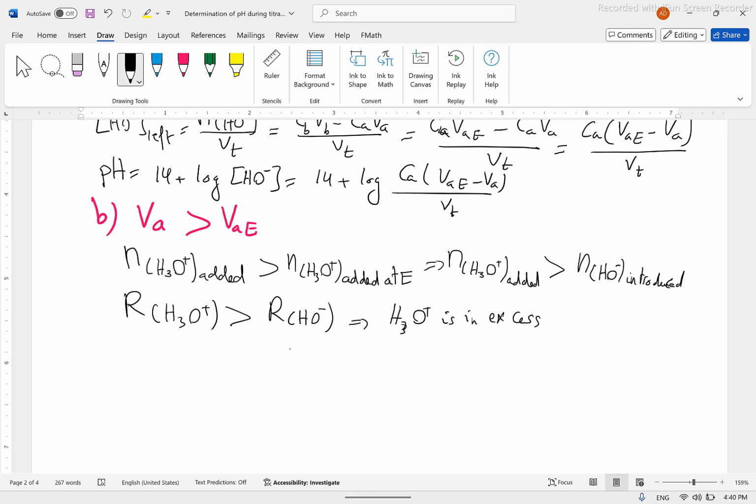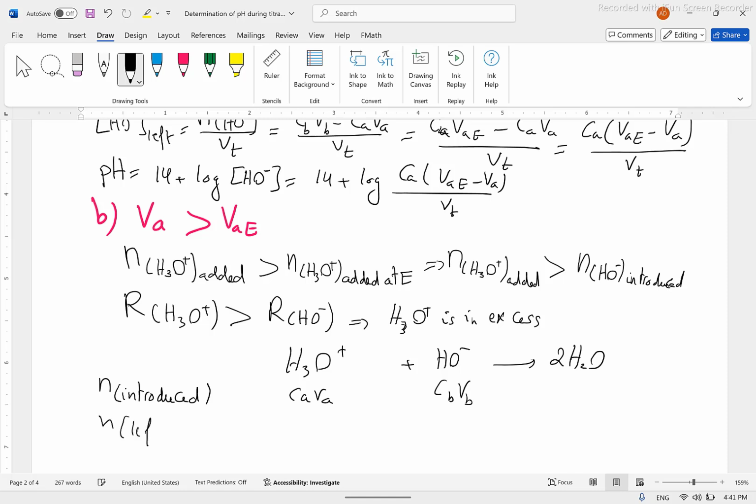We write the equation of titration: H3O⁺ + HO⁻ give 2H2O, to determine the concentration of H3O⁺ left. N introduced: CAVA, CBVB for HO⁻. N left: CAVA minus CBVB for the excess, 0 for the limiting, water always in excess.